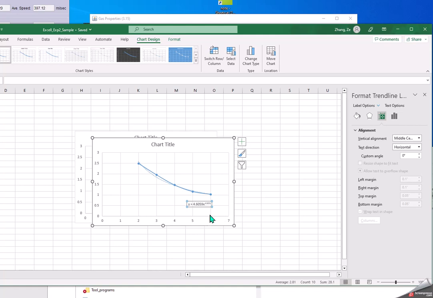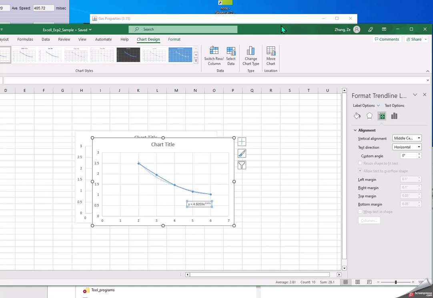Negative 0.8 is 1 over. We're not getting into this much, but the power of negative 1 means V is the reciprocal of P, or vice versa.